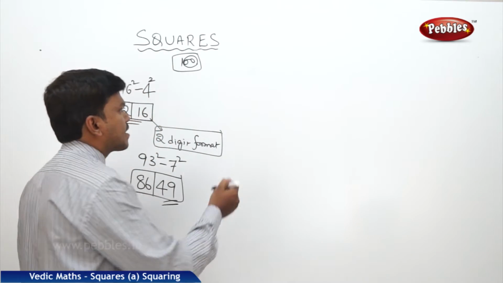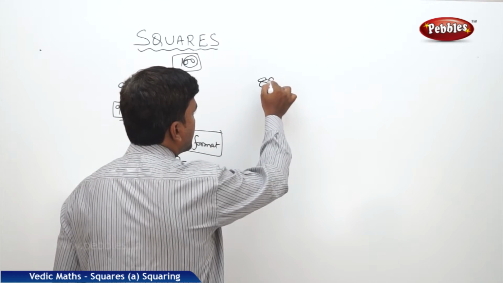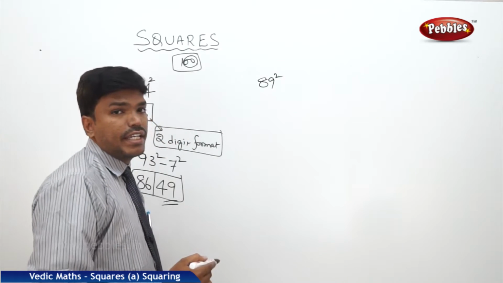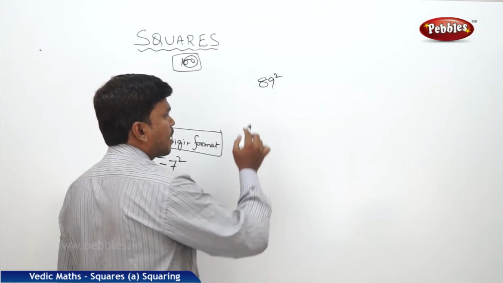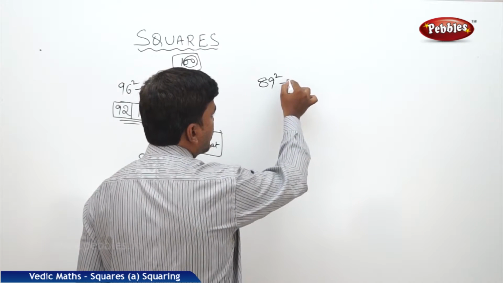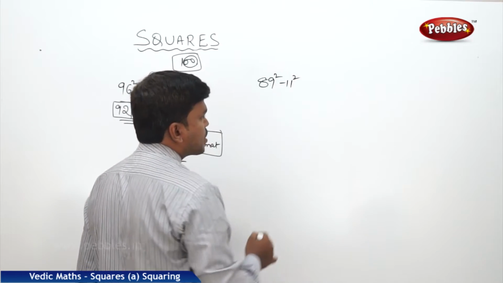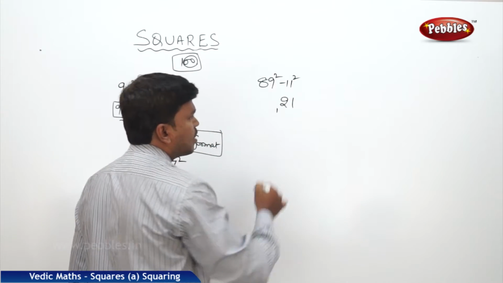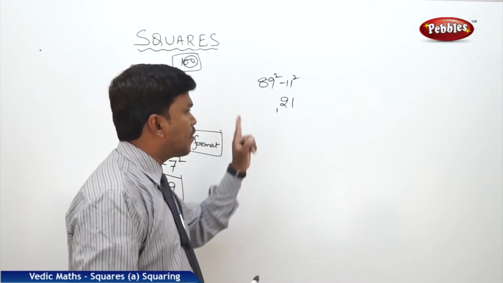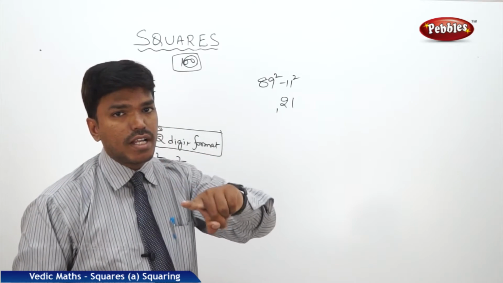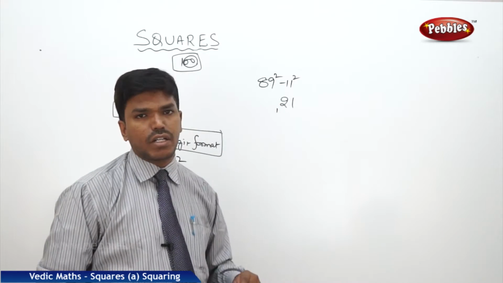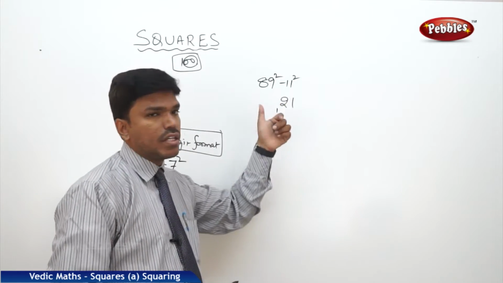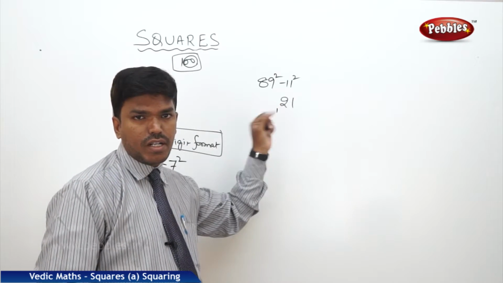How? Let us take one example. Suppose I need 89 square. Okay, so 89 is how much less of 100? 11. So 11 square is 121. So I am writing 21 here, and 1 will be the carry. In 121, what I said, we need to drop only 21 and carry forward the next number 1.